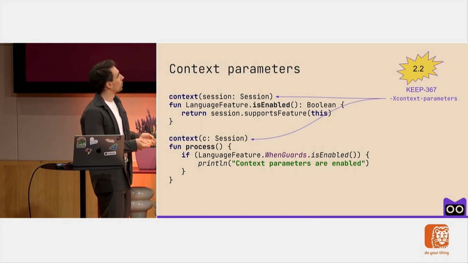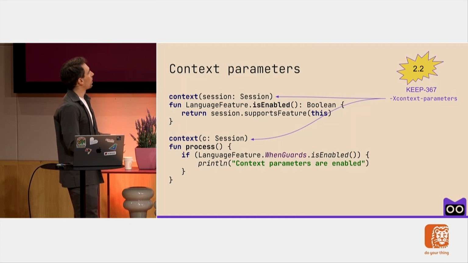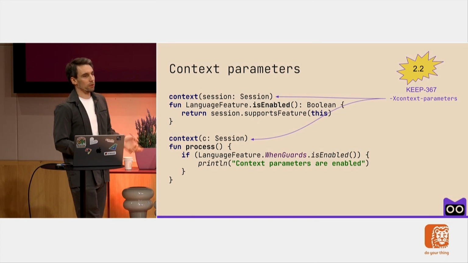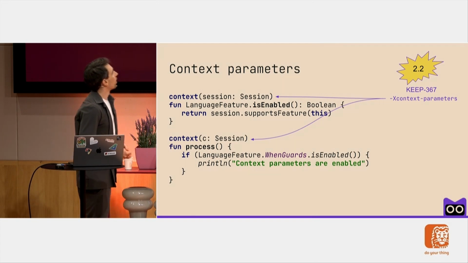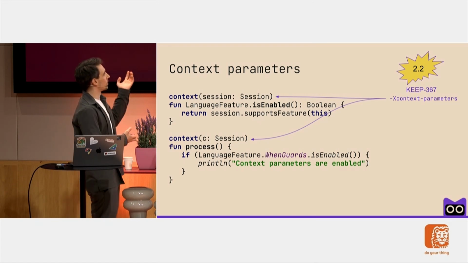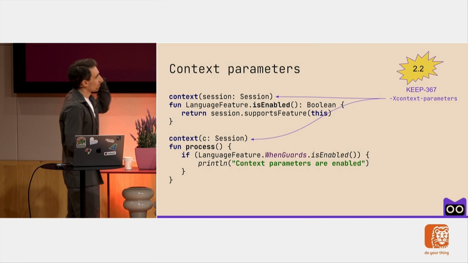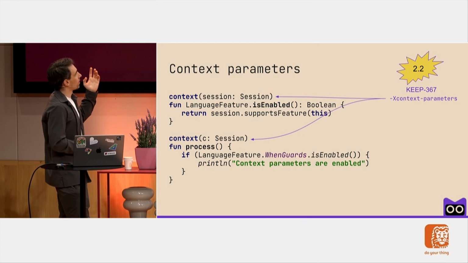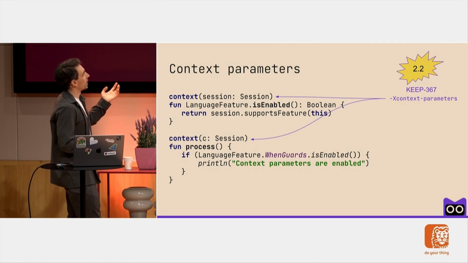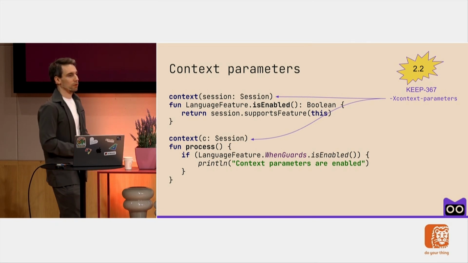We just say that now Session here operates as a context, and also our function process has this context, which is implicitly available for functions that also operate with this context, like function isEnabled. And now the API is very clear. We can use the main actor, LanguageFeature, as an extension receiver and put necessary contexts in the signature.